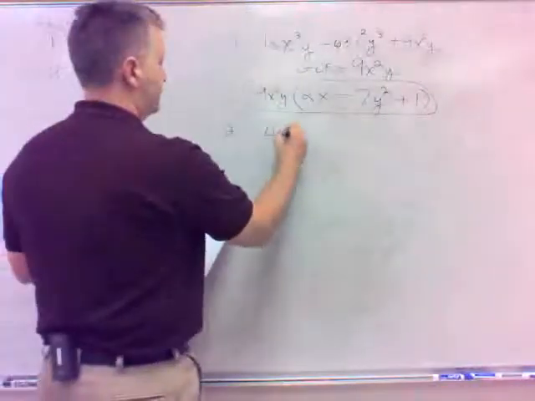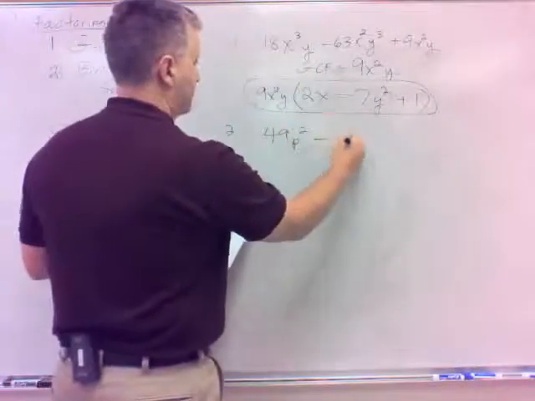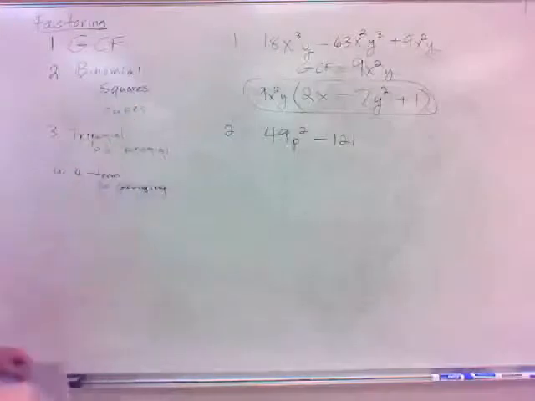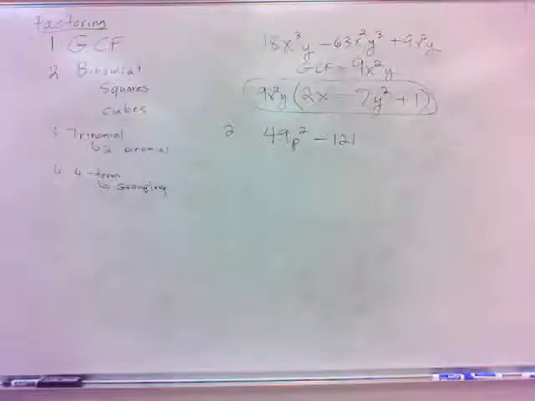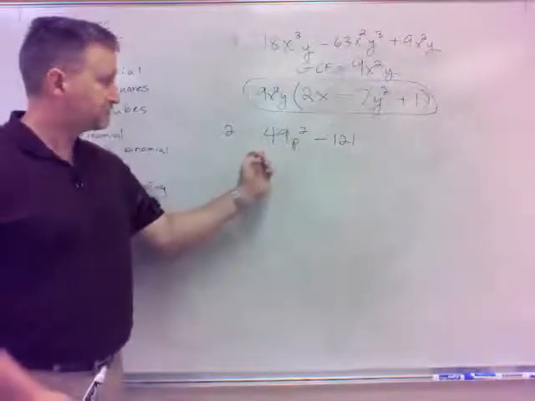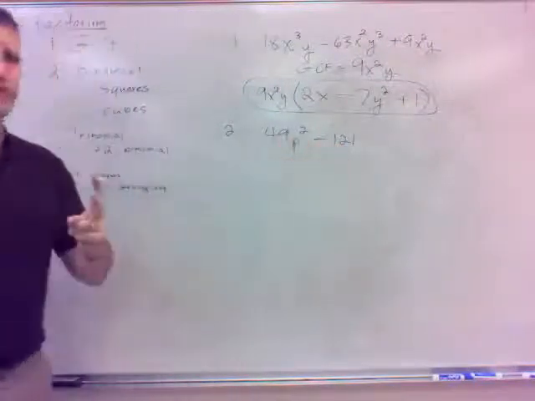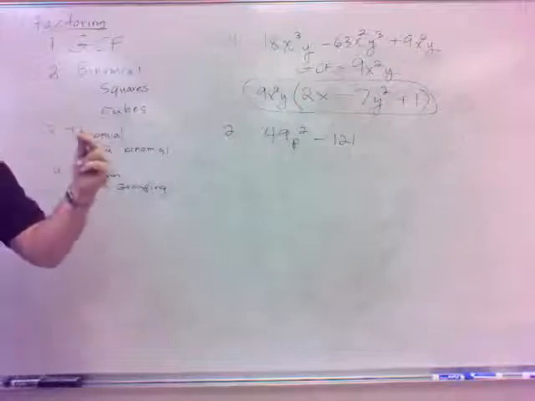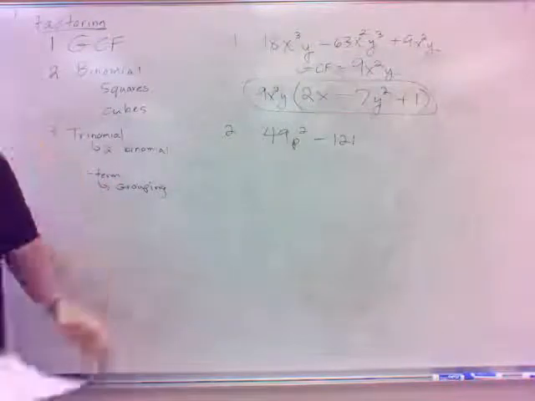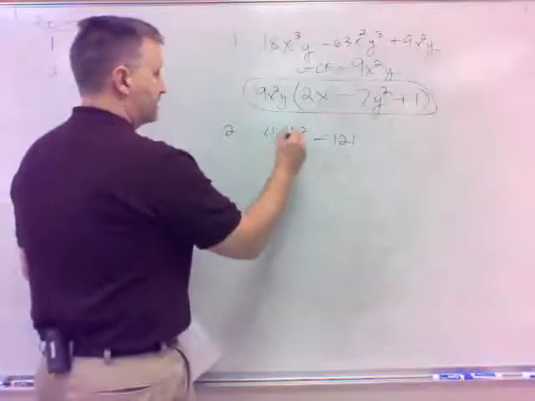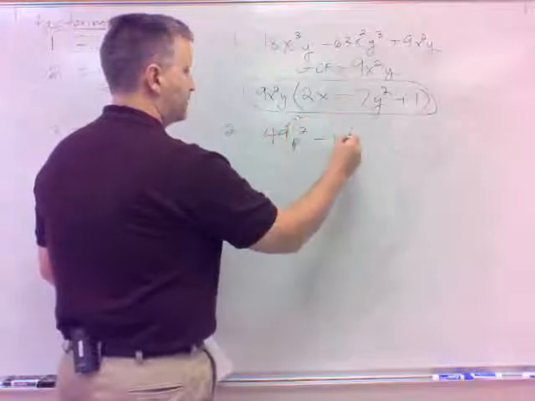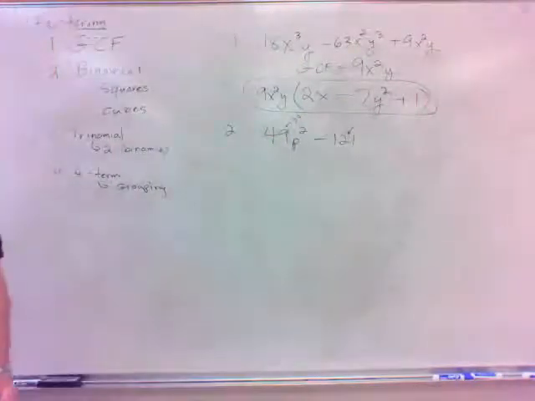49p squared minus 121. So that brings us to our binomial scenario here. There's no GCF, but it is two terms, so I look for squares or cubes. What do I have here? I do have squares. 49 is 7 squared, and 121 may not be one you're totally familiar with, but that is a square.